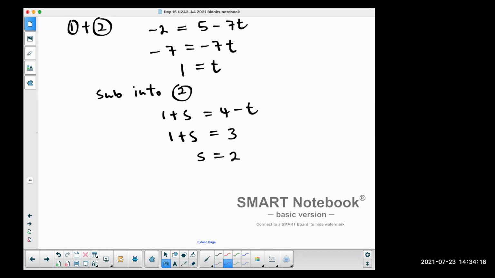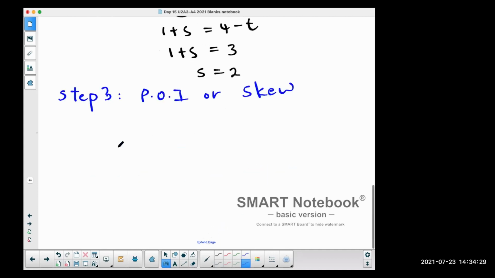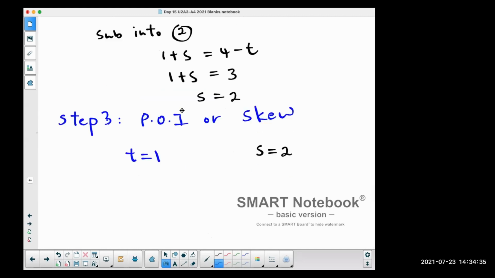Now we're going to check and see if it's intersection or skew. So t is going to equal 1, and s is going to equal 2. Actually, did I use different colors?